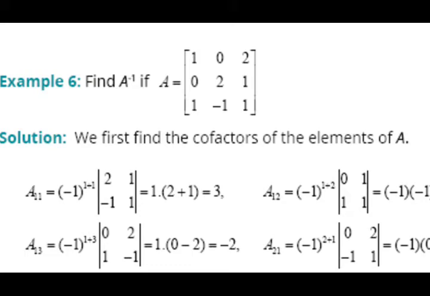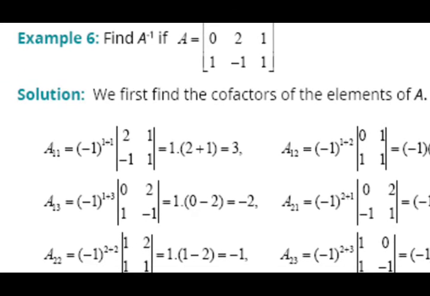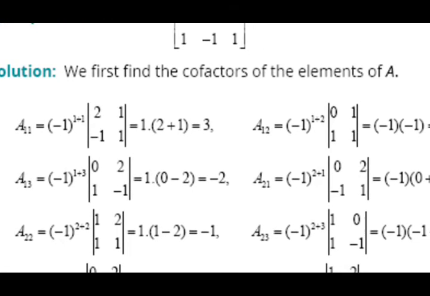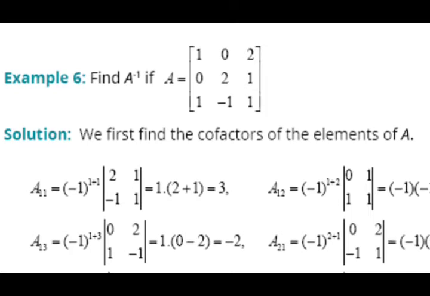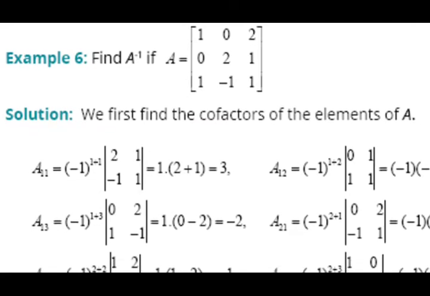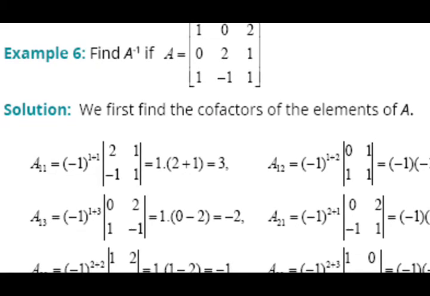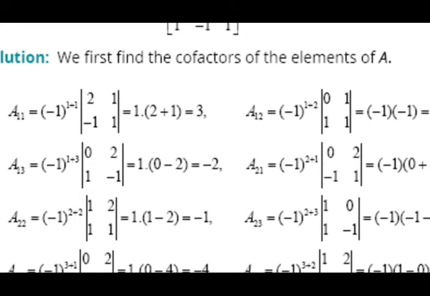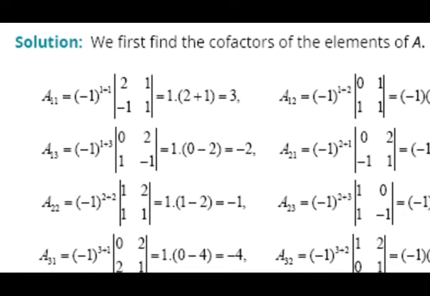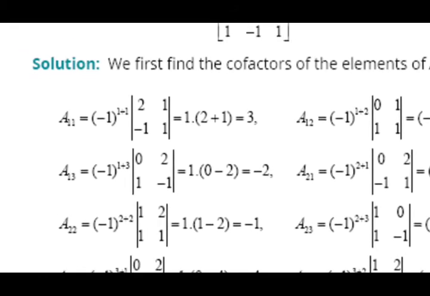Here we find its inverse. We first find the cofactors of the elements of A. Now how many cofactors are there? 9. A11, A12, A13, then A21, 22, 23, 31, 32, 33. All cofactors are just like A11. How do we find this?